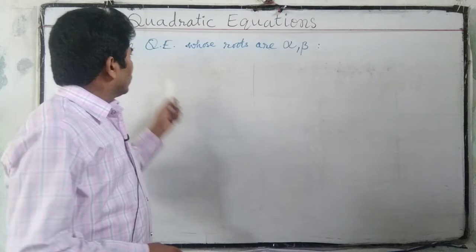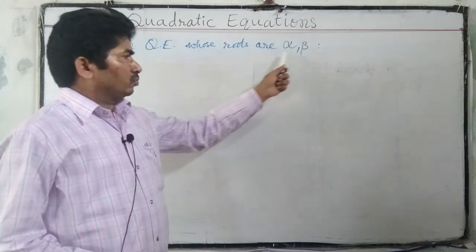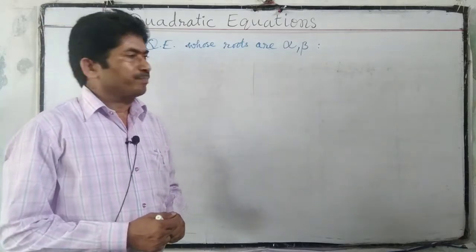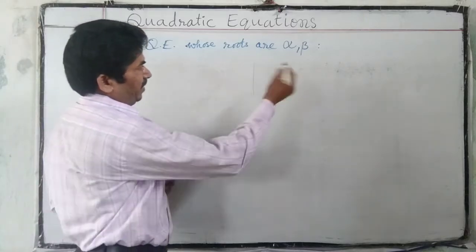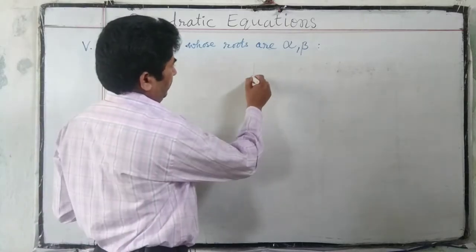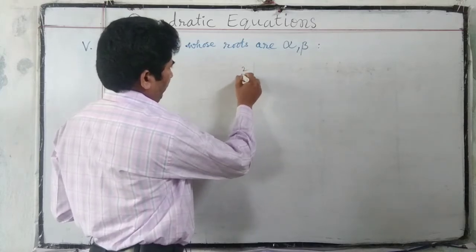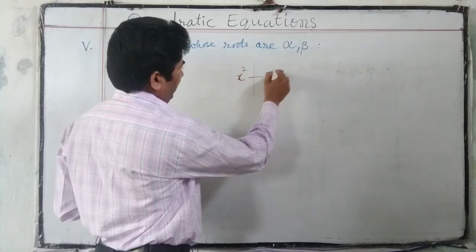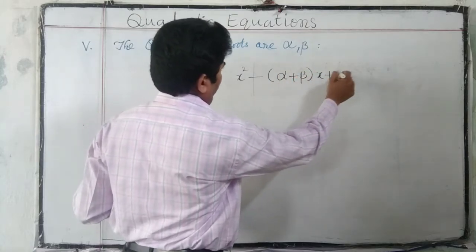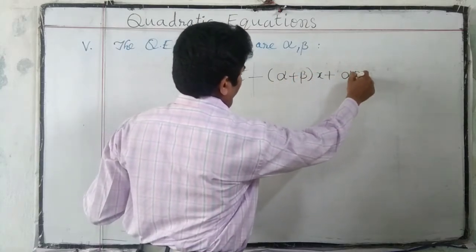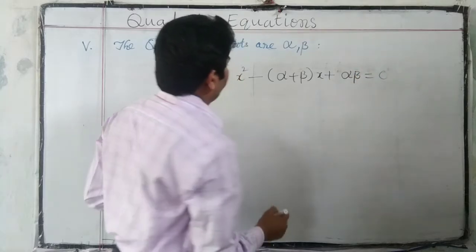Next, the quadratic equation whose roots are alpha and beta. The quadratic equation whose roots are alpha and beta is x square minus (alpha plus beta) into x plus alpha beta is equal to 0.